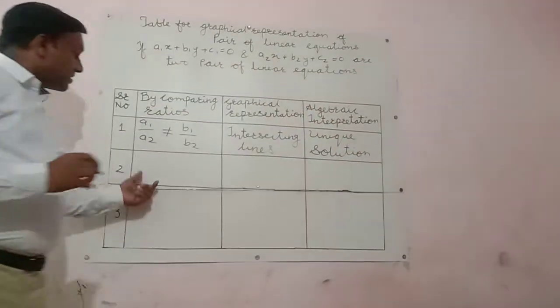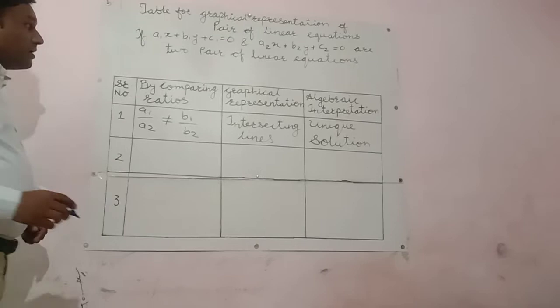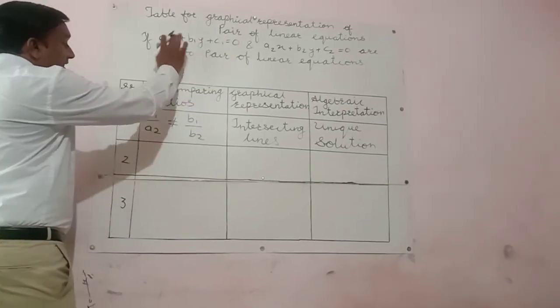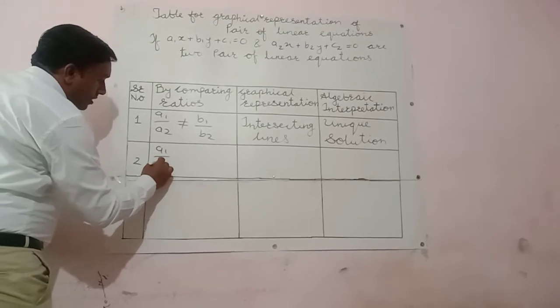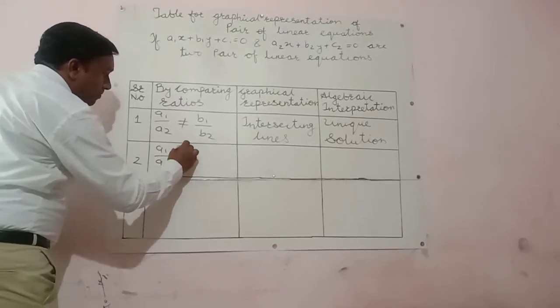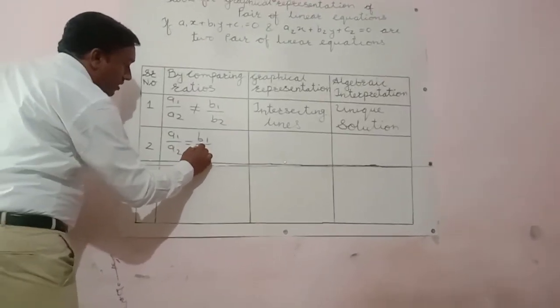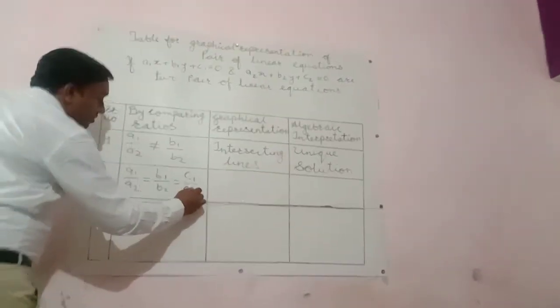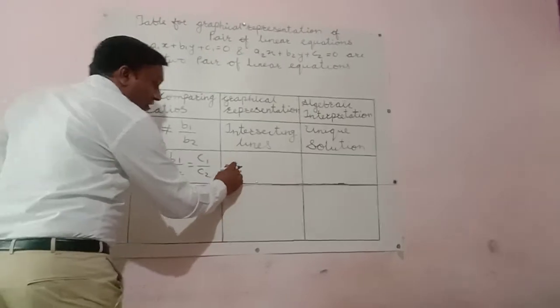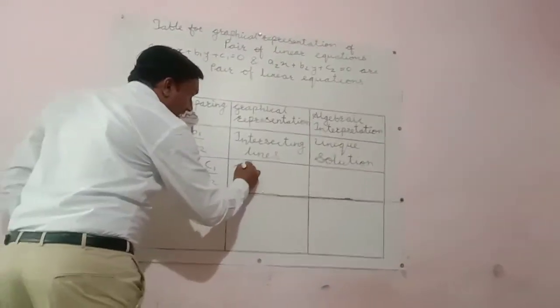Next, the second condition is there. If we compare the ratios, a1 upon a2 equal to b1 upon b2 equal to c1 upon c2, so we get coincident lines.